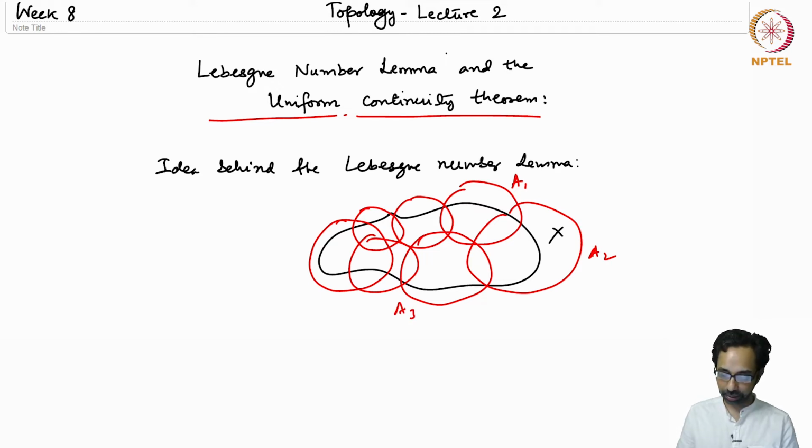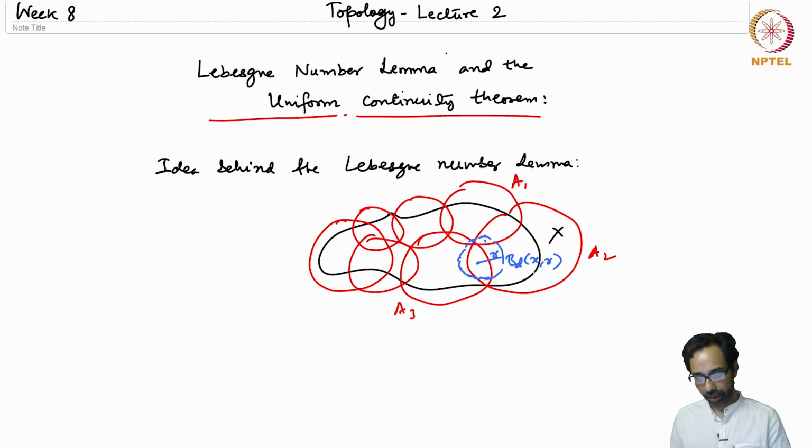Now, for example, let's take one of the points in this space X, and let us take a ball of some radius, say R. This is a metric ball, B(x, R), and we see that this ball does not lie entirely inside any of the open sets that we have in the open cover.